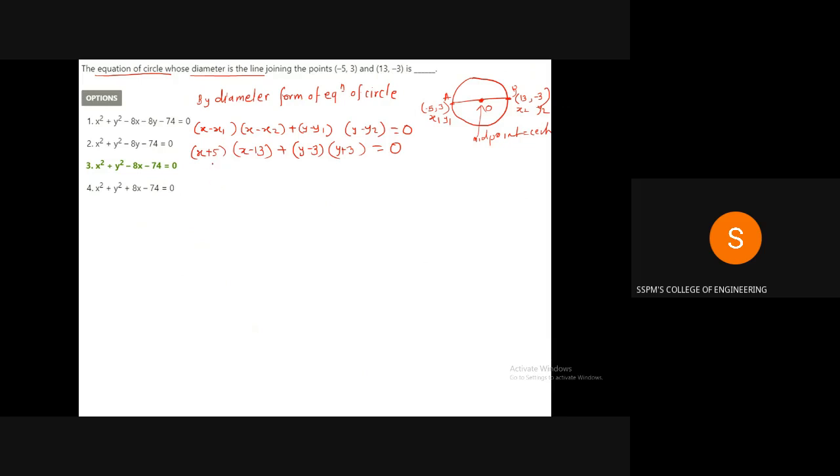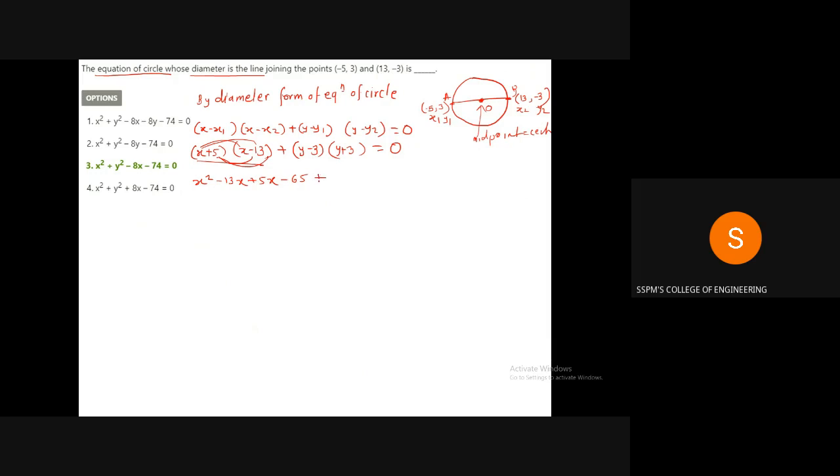First we multiply this. x into x is x square. x into minus 13 is minus 13x. 5 into x is plus 5x. 5 into 13 is minus 65.